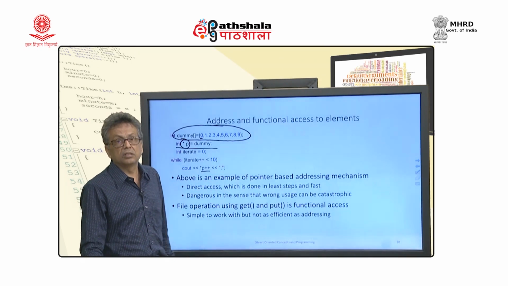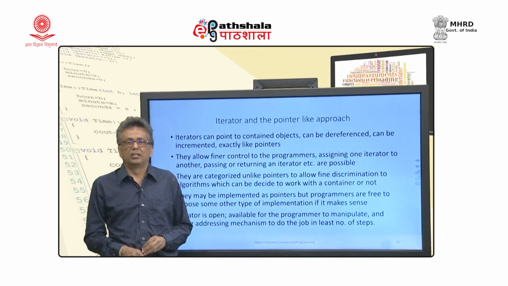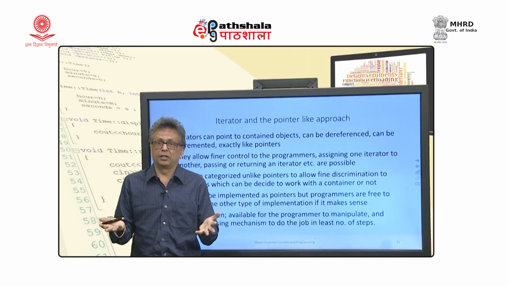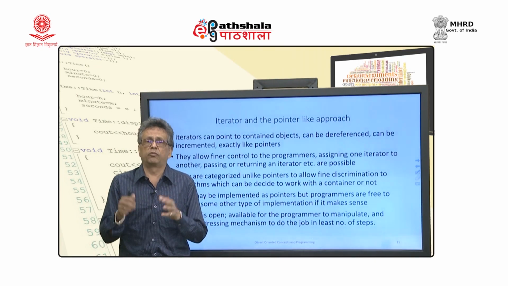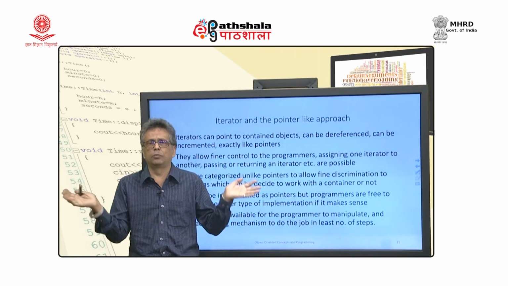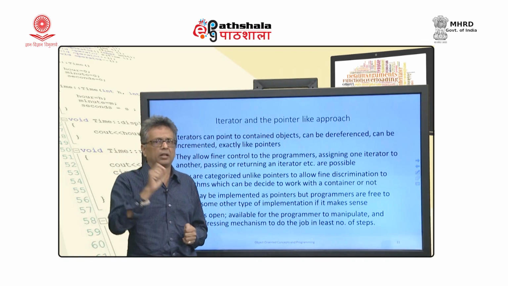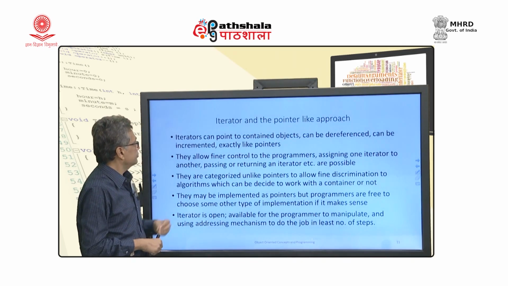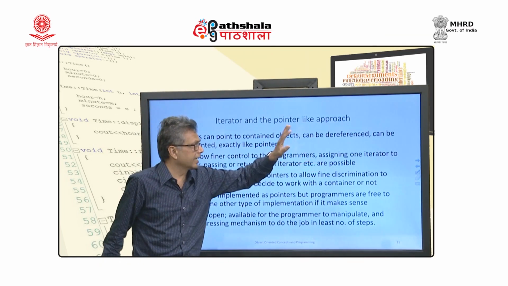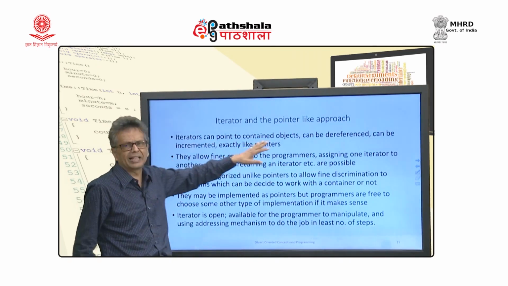C++ is not designed to be simpler, you may do it, it is your choice, but that is not the first choice. As I said, C++ provides both choices, but iterators are available directly to you. So you may use them. The pointer to a contained object can be dereferenced and can be incremented exactly like pointers.